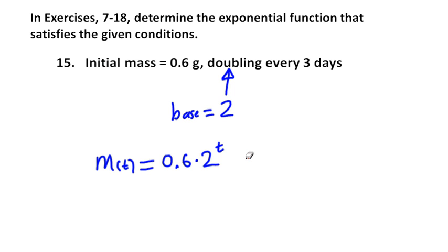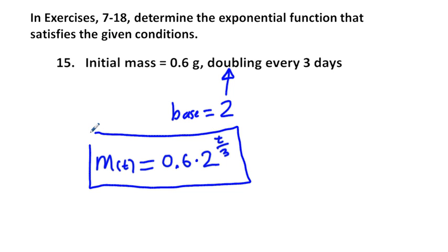So we have to take this t for days and divide that by 3. So this will be our function representing the mass. Again, we have t as our variable, and the exponent is t over 3.